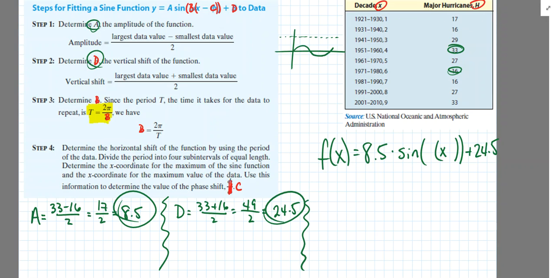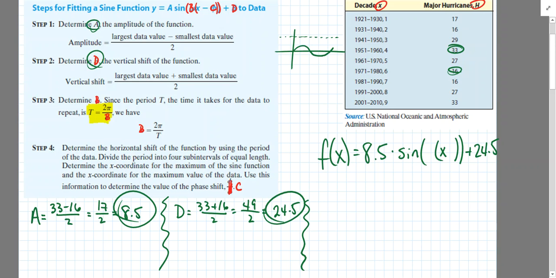Okay, let's go for our b value next. In order to determine b, we'll take the period T and enter it into this function. So we'll take the number 2 pi and divide it by T. What makes this part a little bit tricky is that identifying the beginning and the end of the sine curve could be a little bit difficult to identify with our data. But as you recall, a sine curve looks something like this, and this is what one period of the sine function looks like.